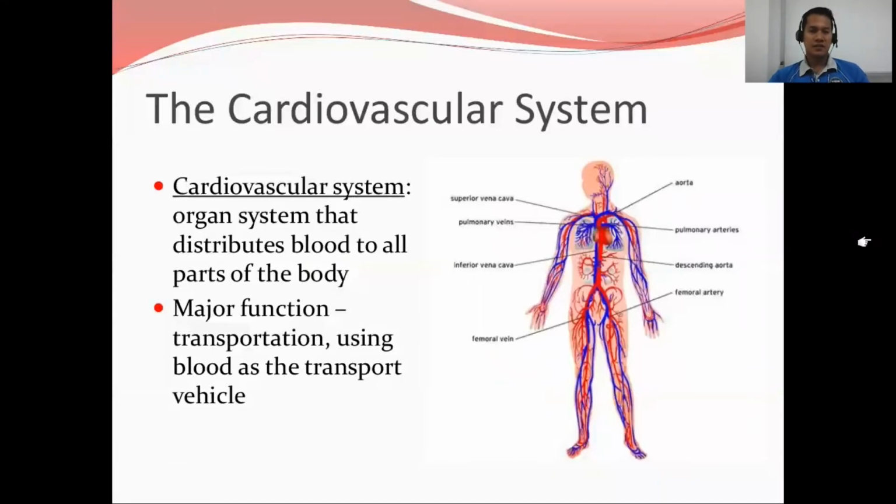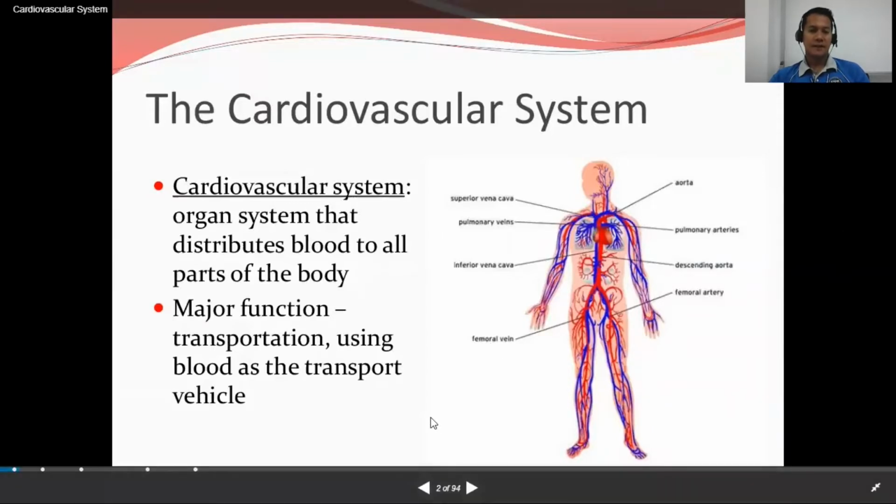So the cardiovascular system is the organ system that distributes blood to all parts of the body. It is one of the most complex systems of the body. Its function is transportation, using blood as the transport vehicle.